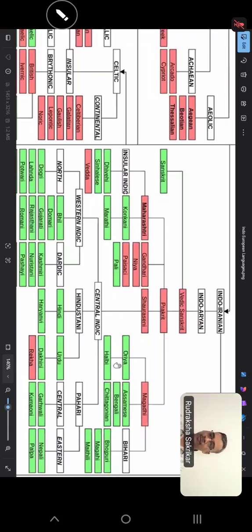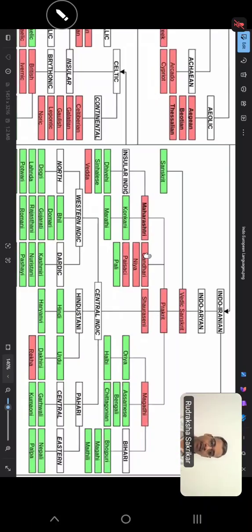We can see the names here: Oriya, Assamese, Bihari, Bengali, Bhojpuri, Maithili, Konkani, Marathi. All these modern Indian languages originated from the dialects of the Prakrit language.